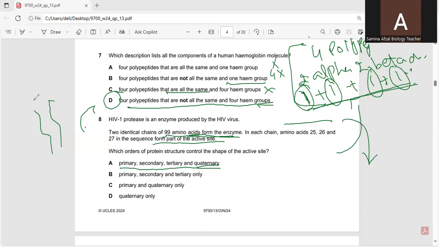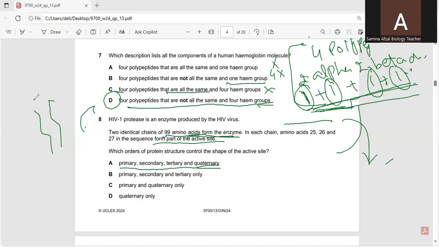So it means here the heme group is present, but in this case there are the active sites where the substrate will attach. So in this case, I would like to discuss the different shapes of these proteins. First of all, I have discussed the quaternary structure, four polypeptide chains.